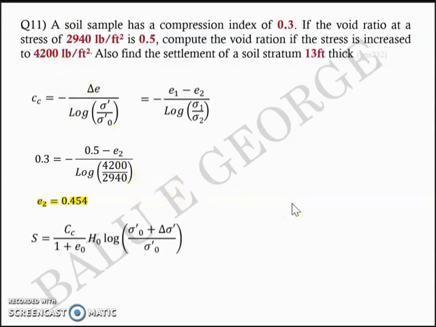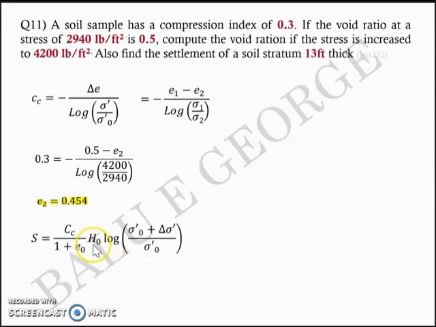So you have the expression for settlement as equal to Cc by 1 plus e naught, times H, times log of sigma naught dash plus delta sigma by sigma naught dash, where the numerator, sigma naught dash plus delta sigma dash, is 4200 and sigma naught dash is the original stress that was applied, that's 2940.